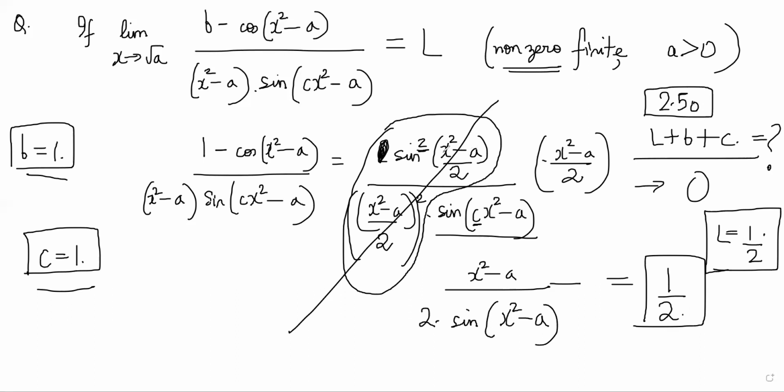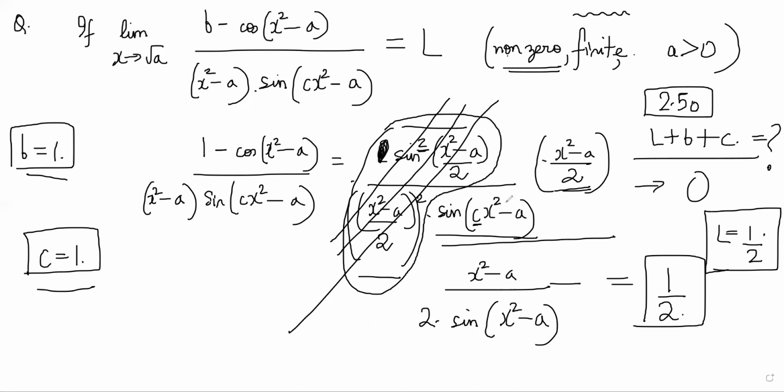So basically, because it has to be non-zero and finite, the first thing we said was for it to be finite, we have to make it 0 by 0 form. That gave us b is 1. Once we did b is equal to 1, we did the sin x by x limit here. And since there was no square here, I had to make it a square here and multiply by the same thing here. And then this disappeared. Once this disappeared, I want this to be a non-zero finite limit.